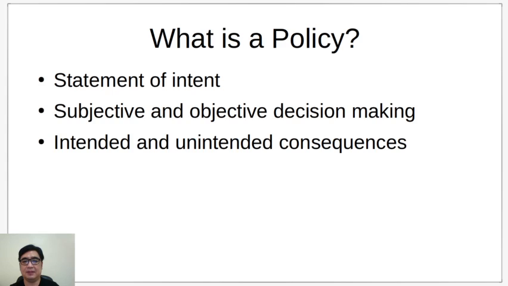So for subjective decision making, for instance, if you want to have good work-life balance, that is something that is not really defined that well. But if your decision making is a policy on delivery of care, then your outcomes would be objective because your outcome would be the cure of the patient.